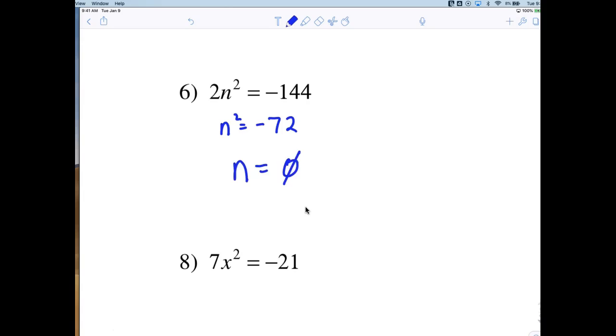Good job. Why is it no solution? That's right. Your square cannot equal a negative. No number squared will equal a negative until you get to Algebra 2 and you talk about imaginary numbers. Right now, anytime your square is set equal to a negative, it's no solution.